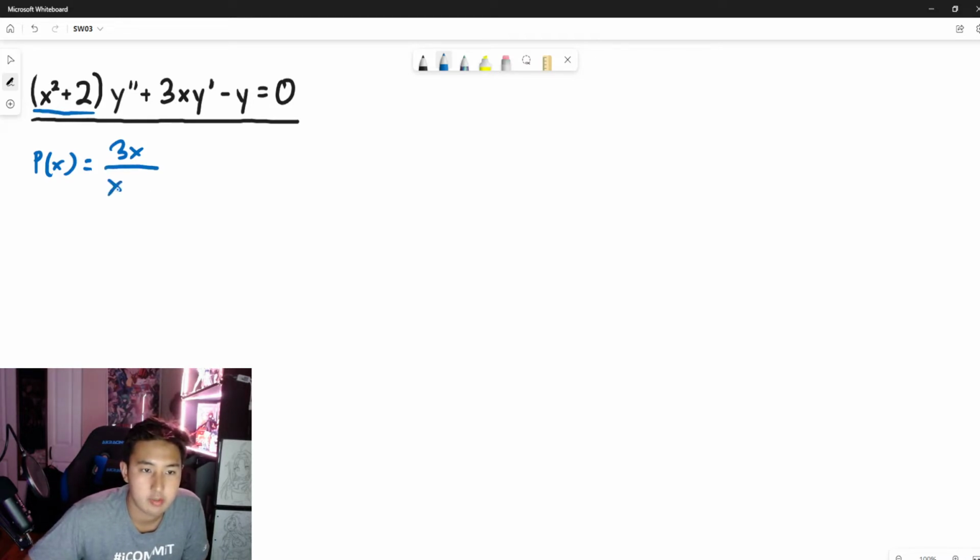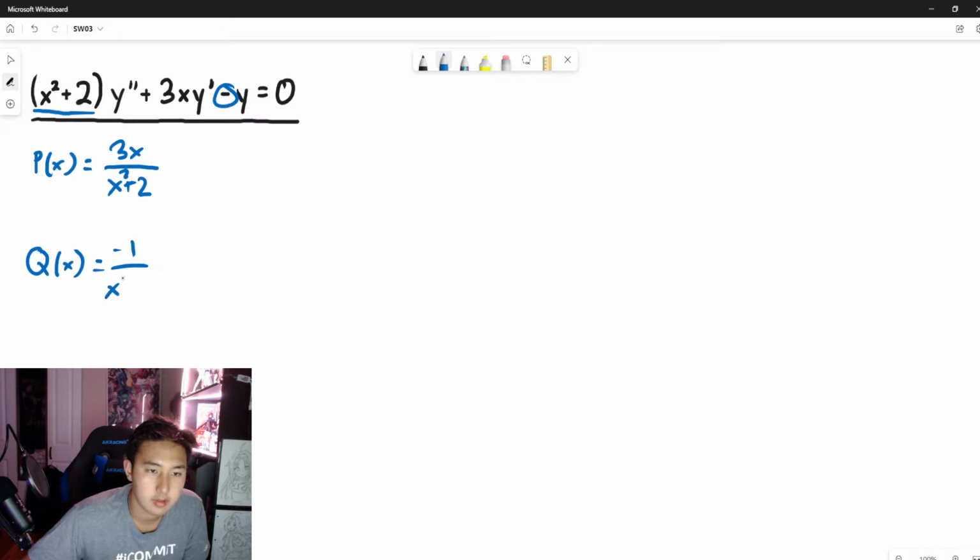So 3x over x squared plus 2. And then Q of x in this case is going to be -1, as you can see here.